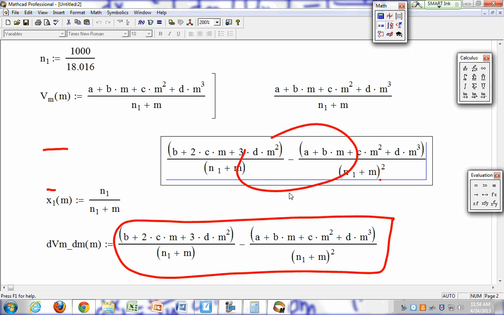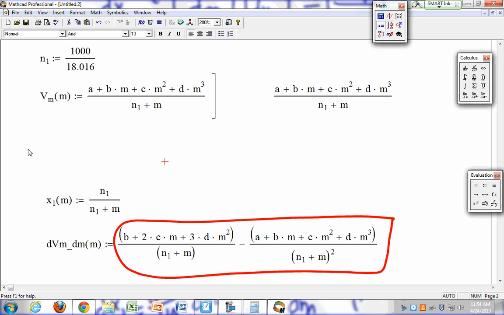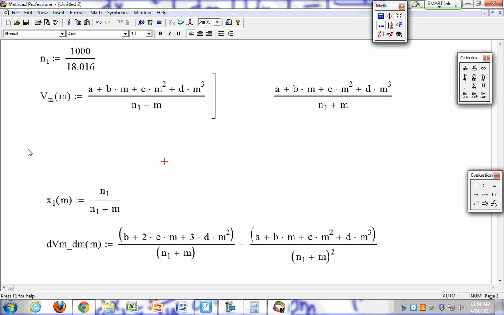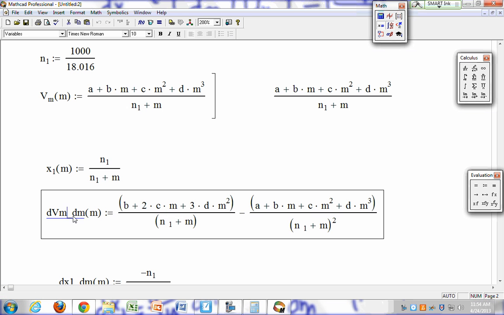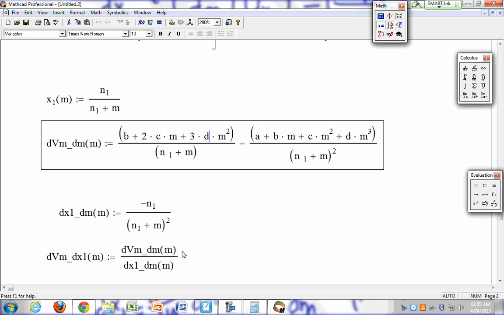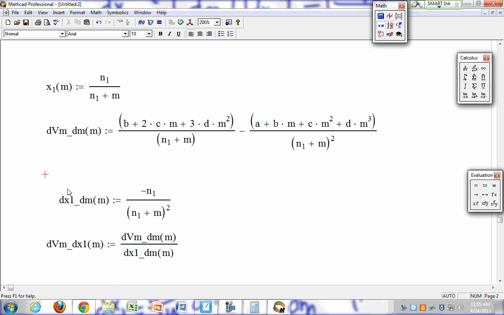So what we have here is the derivative of the molar volume with respect to molality. Then you take the derivative of mole fraction with respect to molality.